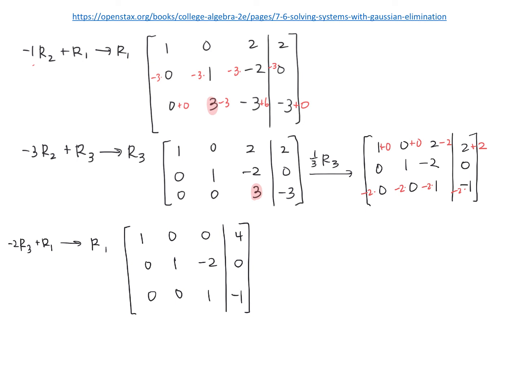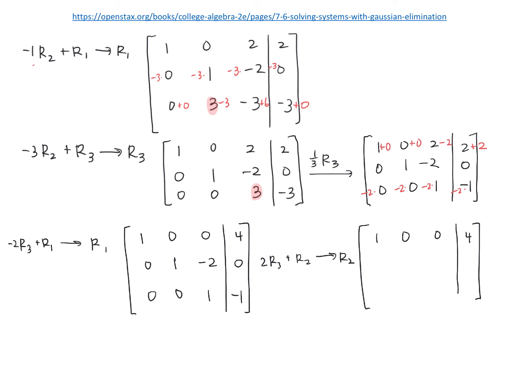All right, so last I need to get that negative 2 to be a 0. To do that, I'm going to multiply row 3 by a 2, add that to row 2, and replace row 2. So 1, 0, 0, 4 stays the same.